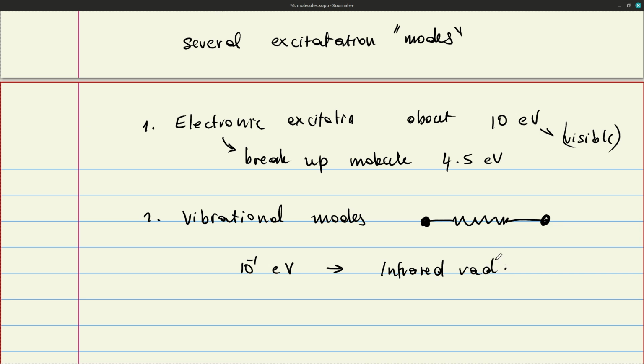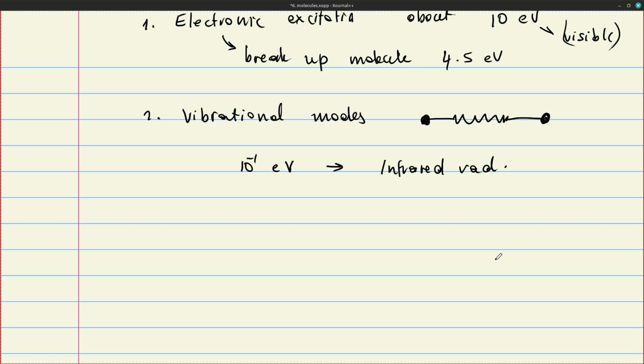We cannot see infrared, but if you have an infrared camera, you look anywhere and you actually see this mode, basically, because the wavelength is 1 micrometer to about 0.1 millimeters.